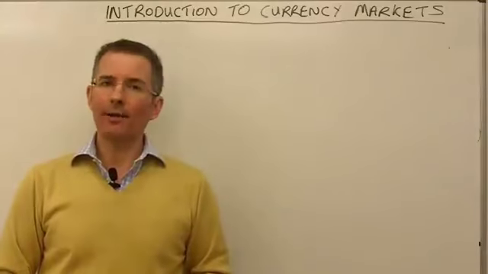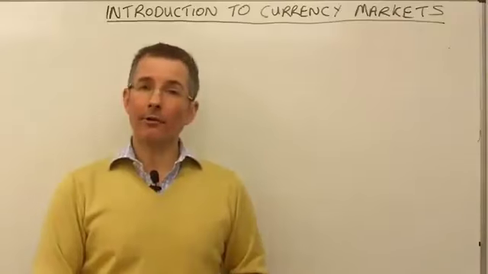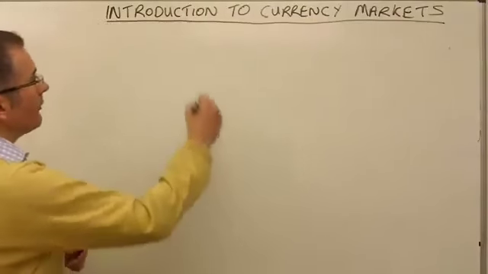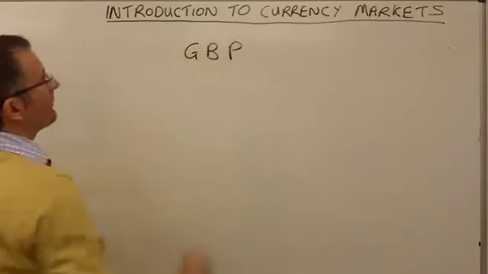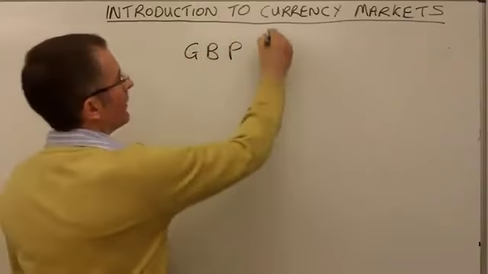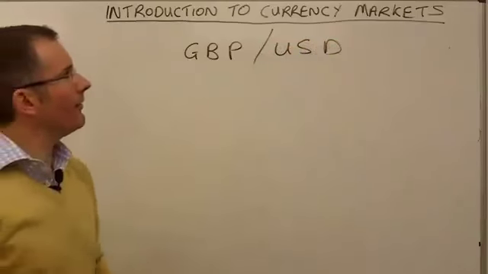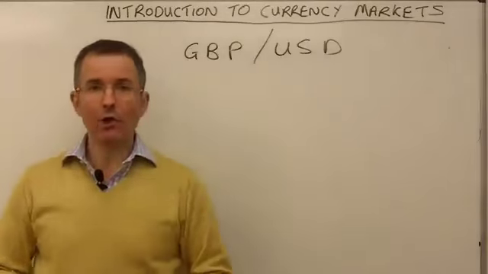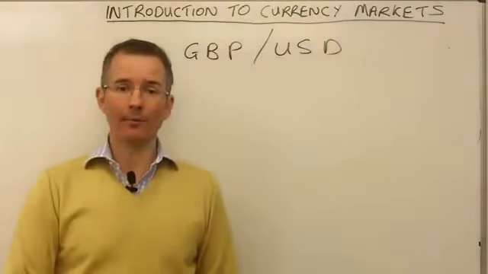And because currency traders like to keep things quick, they're all shortened. So when you're spread betting, for example, you'll often see sterling described as GBP. And you'll see US dollars described as USD. So all currencies have these little three-letter acronyms. Euro, not surprisingly, EUR, and so on.